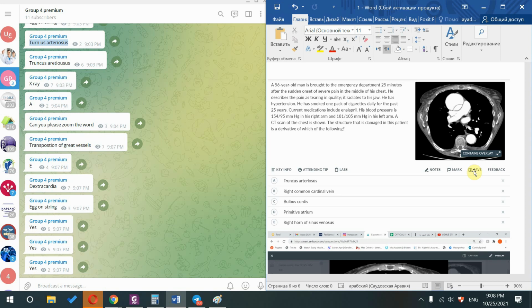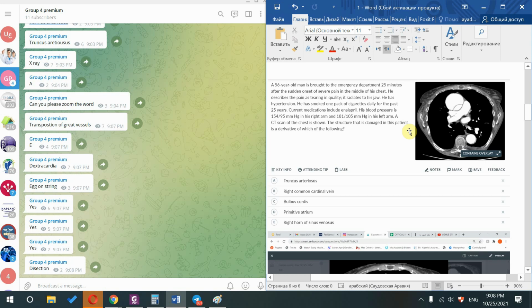He takes an ACE inhibitor and his blood pressure is very high. But this is important: right hand blood pressure is high, but the left hand blood pressure is different. So there is a disproportion between the right and the left arm blood pressures. I did not teach you this yet, but yes, you are right, the one who wrote dissection.